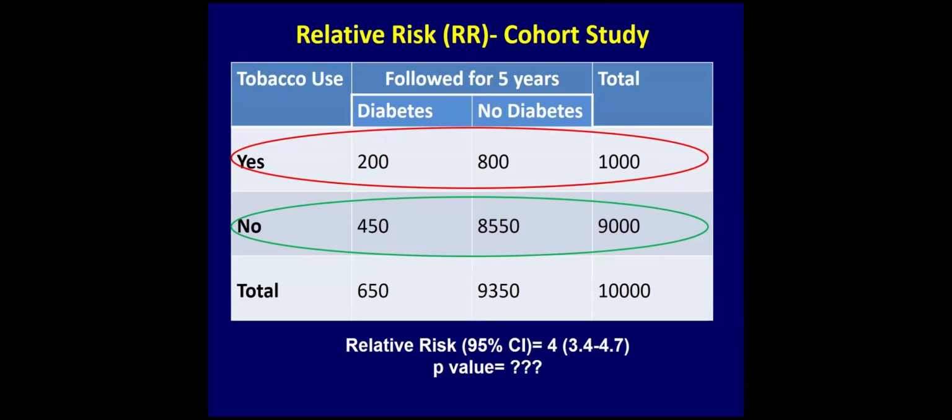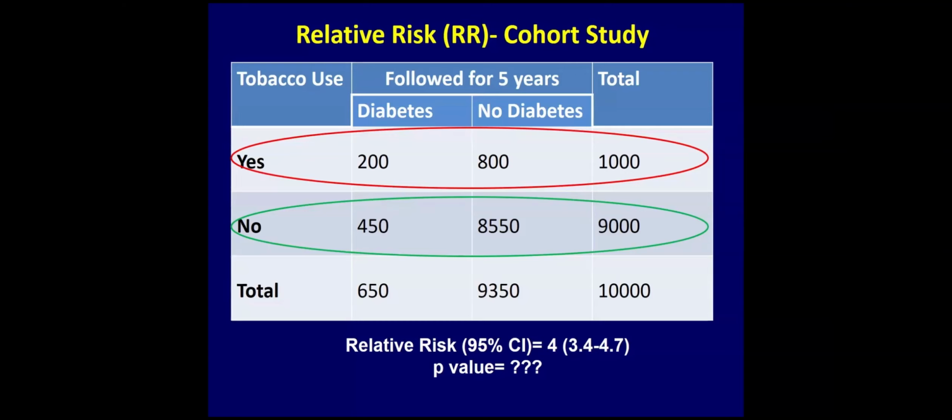That is when your p-value will not be significant. If the null value is included in the confidence interval, your p-value can never be significant. So if you give your confidence interval, sometimes you really need not give the p-value. By looking at the confidence interval, we can understand whether it is significantly associated or not.